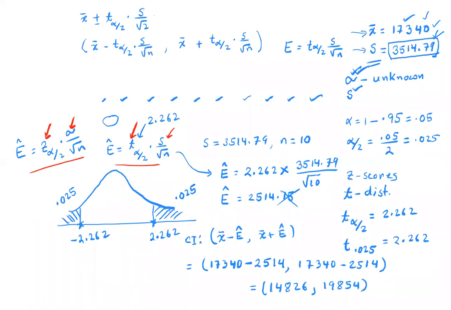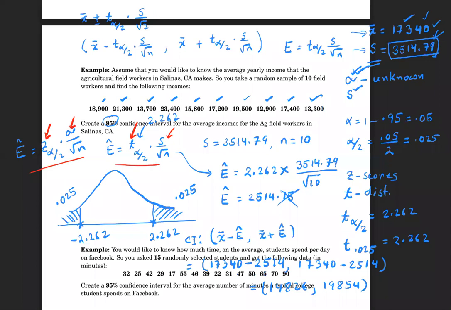So the confidence interval for this problem, I just realized that with all this conversation, I even forgot to read the problem. Assume that you'd like to know the average yearly income that agricultural field workers in Salinas, California make. You take a random sample of 10 field workers and find the following.